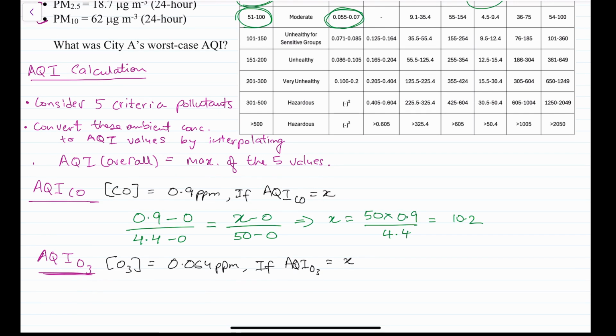This time it will be slightly different because we are in the second row. So 0.064 minus 0.055 divided by 0.07 minus 0.055 would be x minus 51 divided by 100 minus 51.